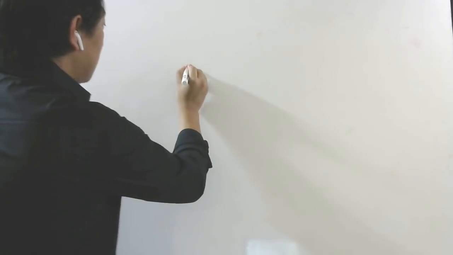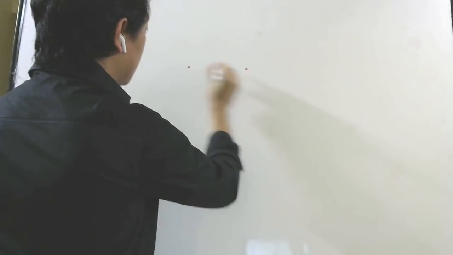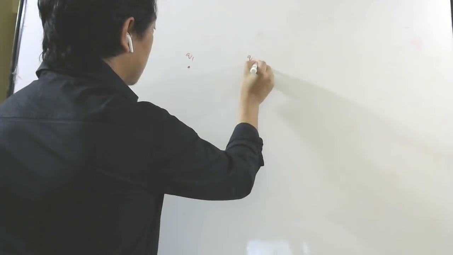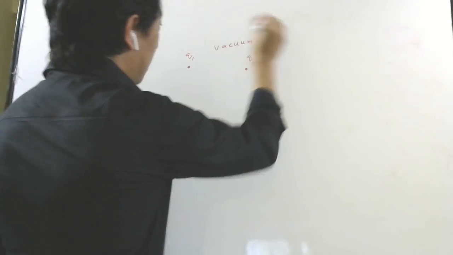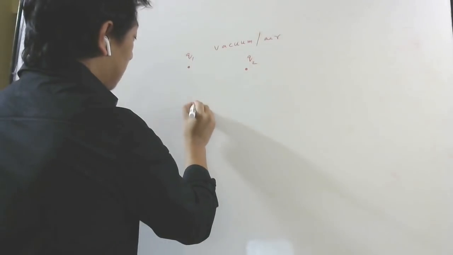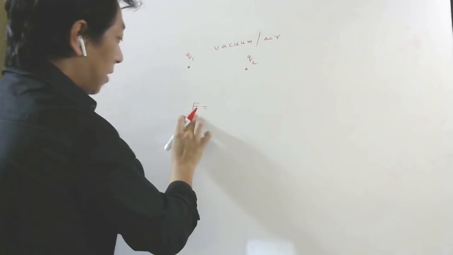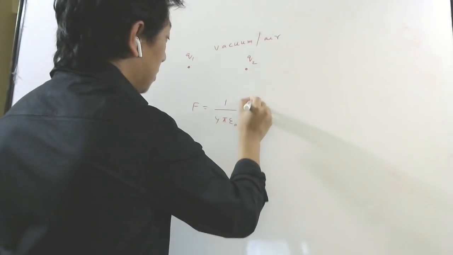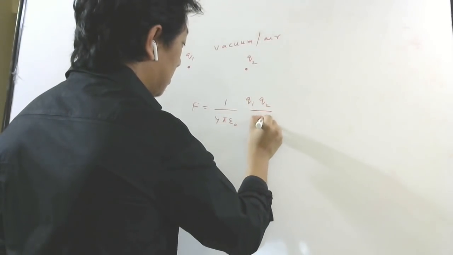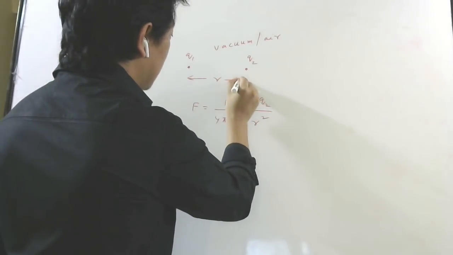So having said that, let us continue with the chapter. Before I start, let us do a slight revision of whatever we did last time. Last time we saw that if there are two point charges Q1, Q2 in vacuum, or you can also include air, then the force between these two charges in magnitude is given by 1 by 4 pi epsilon naught Q1 Q2 divided by R square, and R is the distance between the charges.